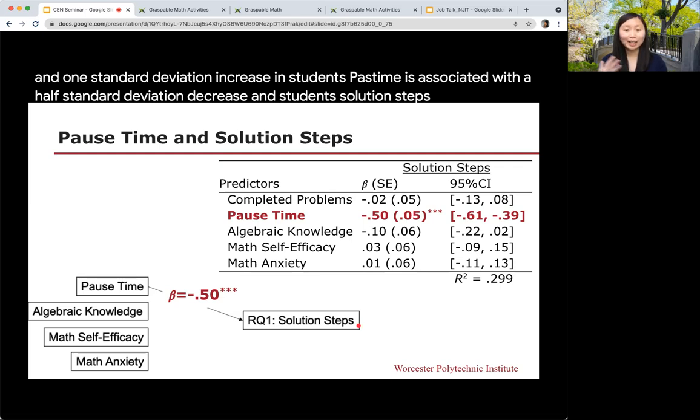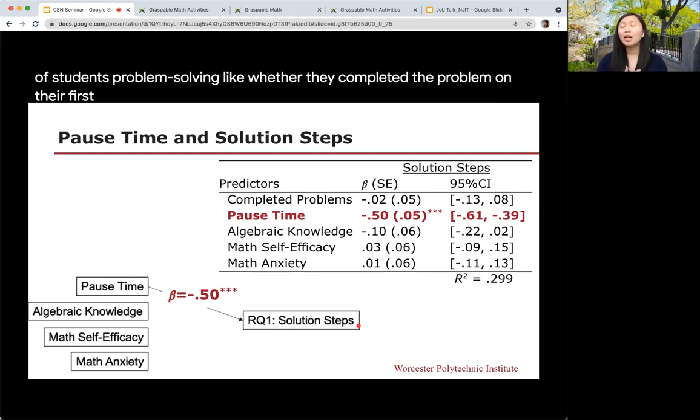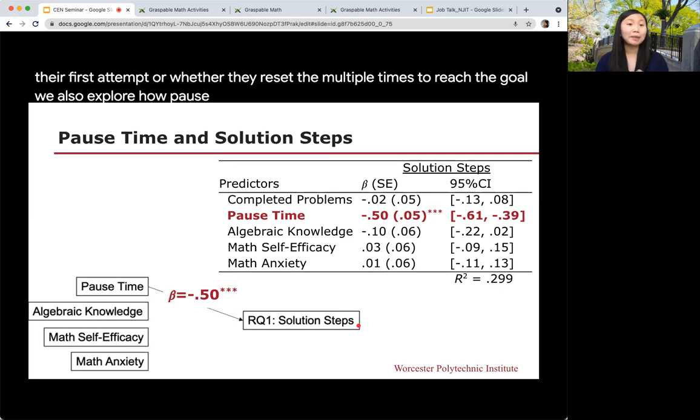Because we recorded other aspects of students' problem solving, like whether they completed the problem on their first attempt or whether they reset multiple times to reach the goal, we also explored how pause time may be related to these other aspects of problem solving.